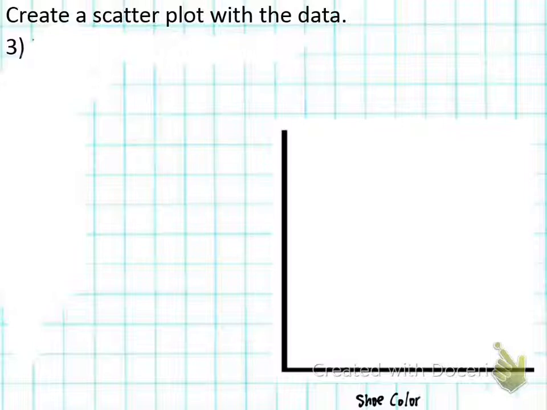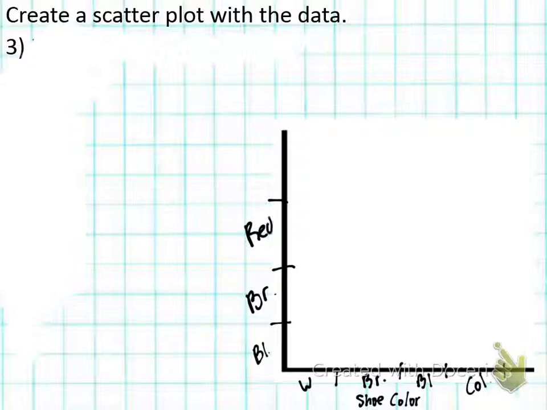So shoe color, let's just put 4 categories: white, brown, black, and I'll just put colorful, which means everything else in between. And then hair color, we'll do black, brown, red, and blonde, okay? I'm totally gonna blow your minds away, right?